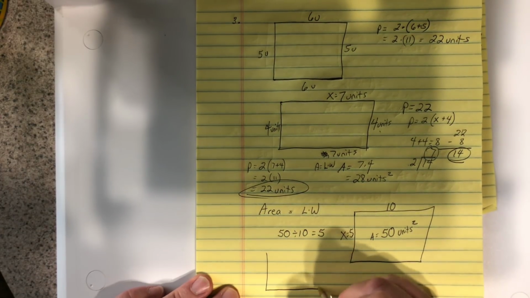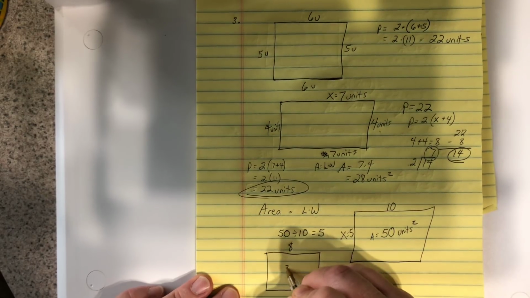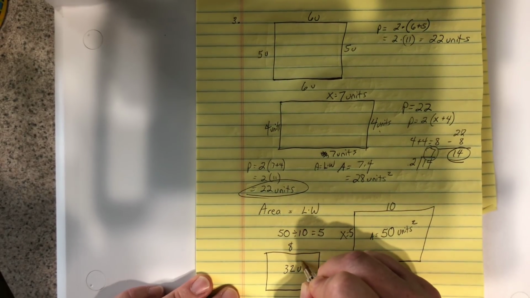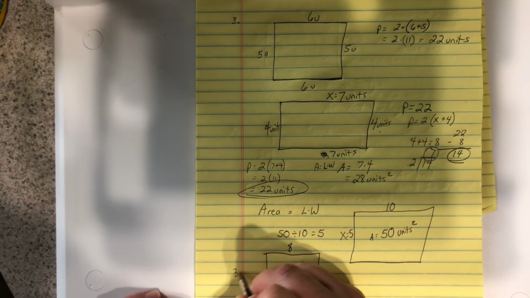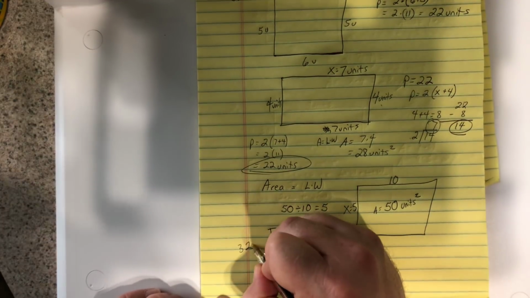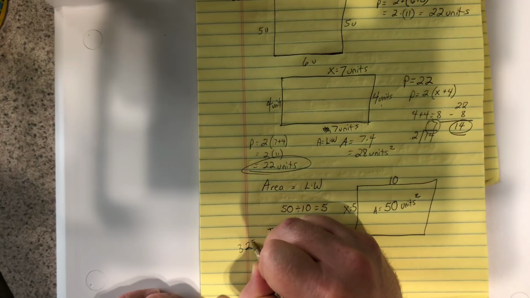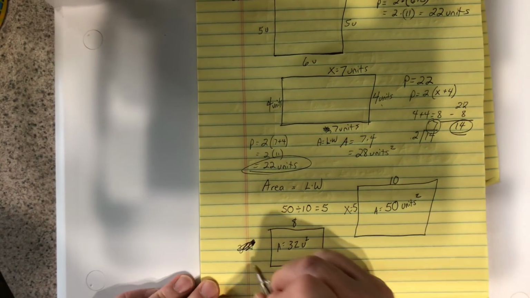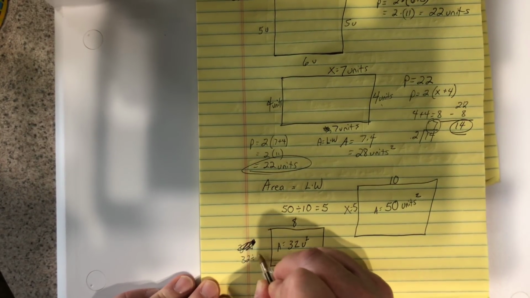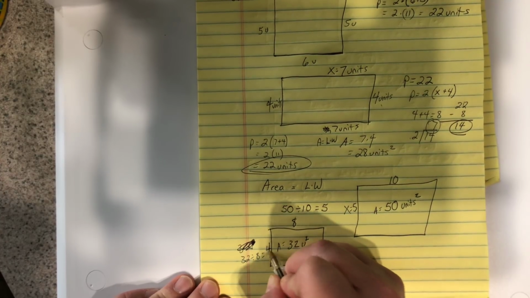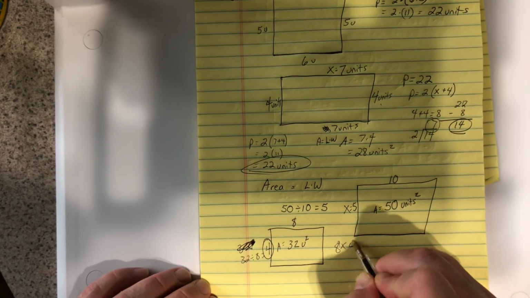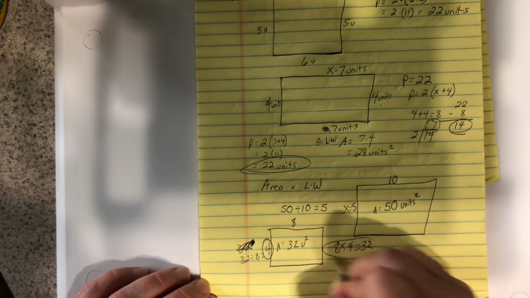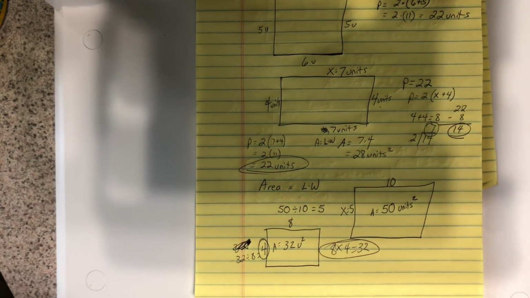Right? If we have another one here that we know this is 8 and this is 32 units squared, that's area. Well, 32 divided by 8 equals 4. So our other side would be 4. And see, 8 times 4 equals 32.